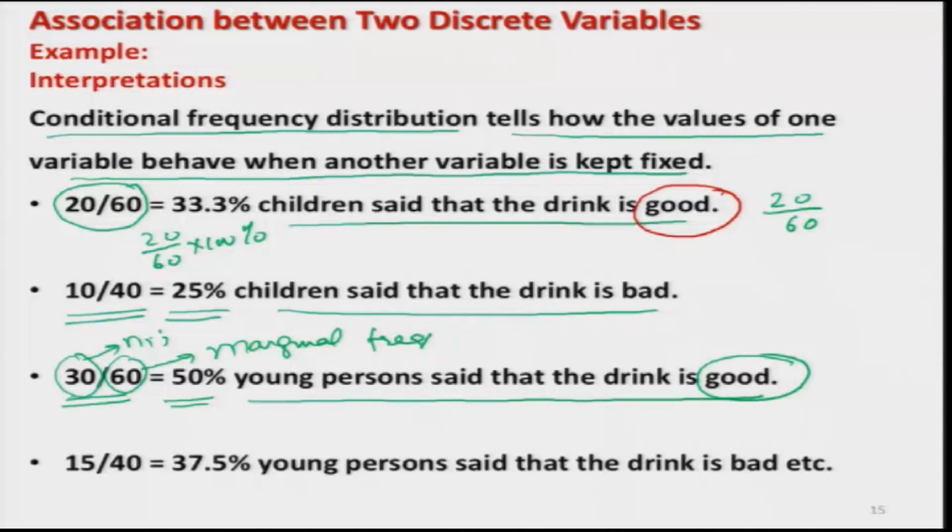And similarly, I can have the information about the young persons who said the drink is bad. This is divided by the total number of young persons, the marginal frequency, and this comes out to be 37.5% of people said that the drink is bad.